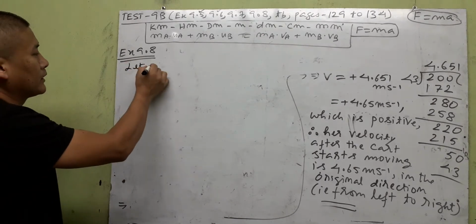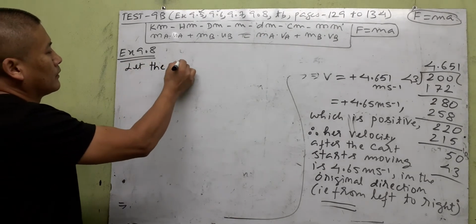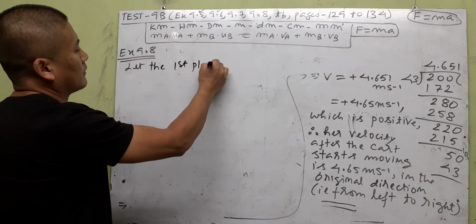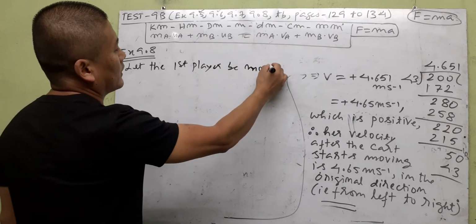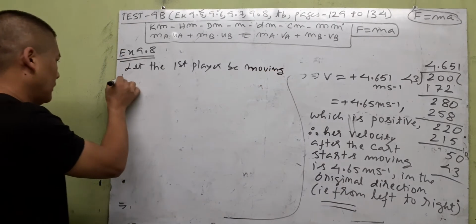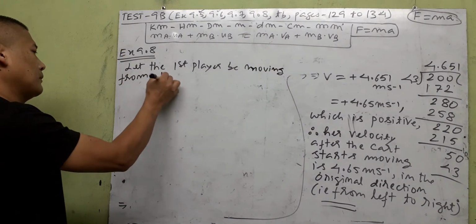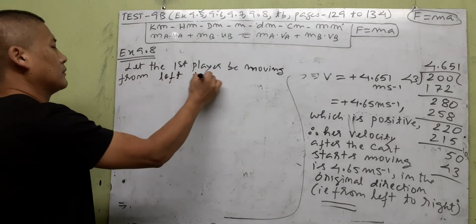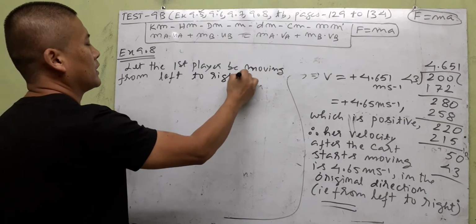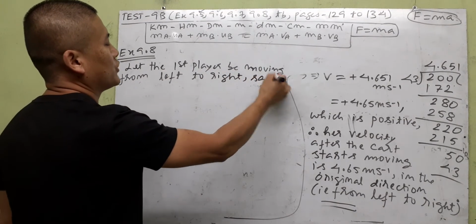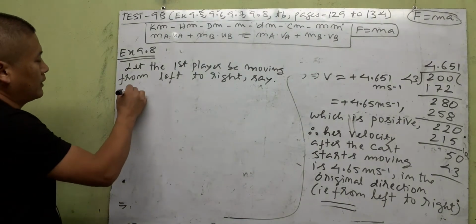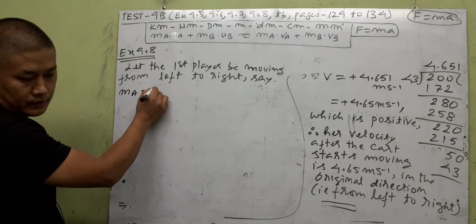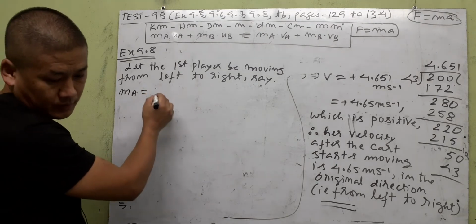That's why I'm putting it. Okay, let the first player be moving, write it down, from left to right. So things become clear to us, means we're assuming. Then here we will write MA, the mass of the first player, I think 60 kg.